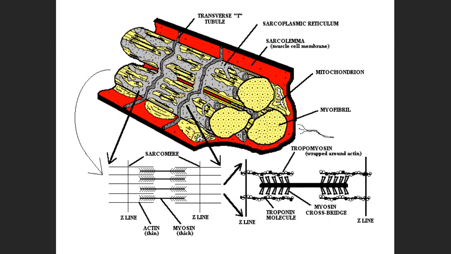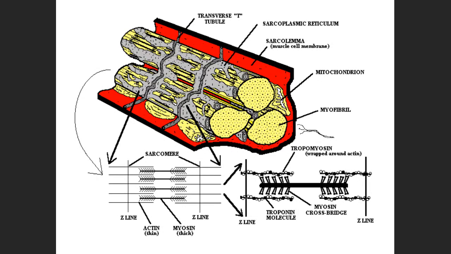And if you look at the sarcomere, you see thin lines in there, and you see thick lines. The thin lines are a protein called actin, and the actin is actually attached to the Z lines. The thicker ones are called myosin, and myosin is suspended in between the actin fibers.